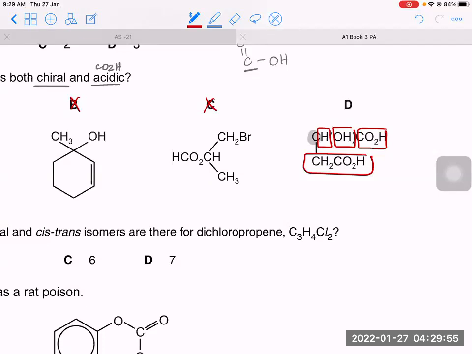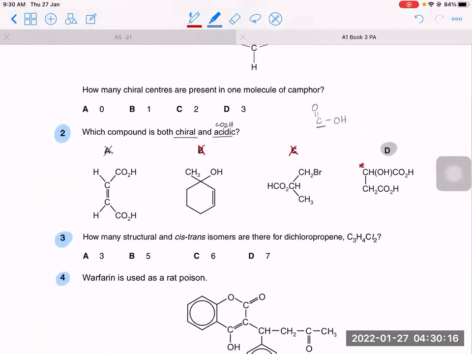So can I say this is chiral? Yes. So this is chiral and acidic. Can this be chiral? No. Why? Because it has 2 H's. Can't be chiral. CH2 can't be chiral. But we have at least 1 chiral center and this is acidic. So the answer is D.